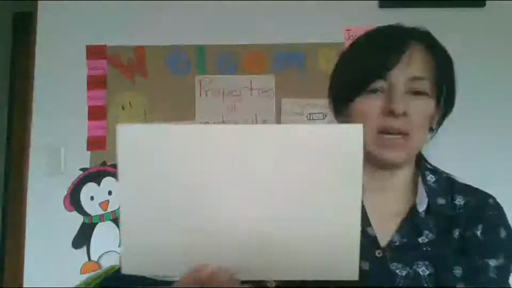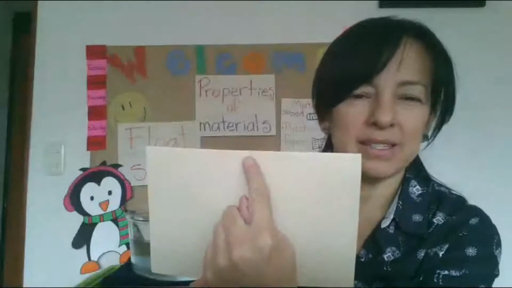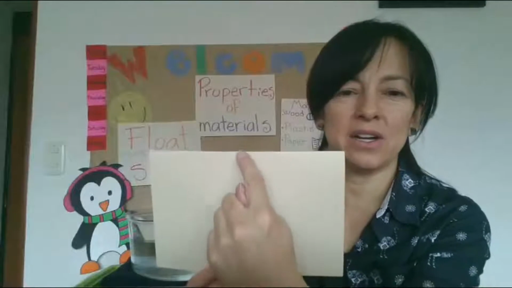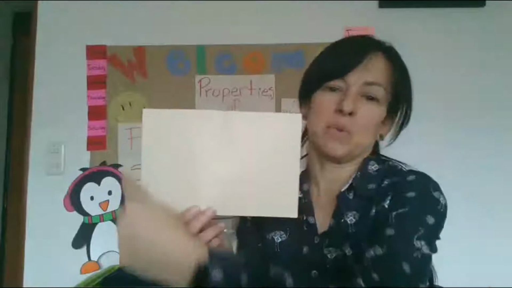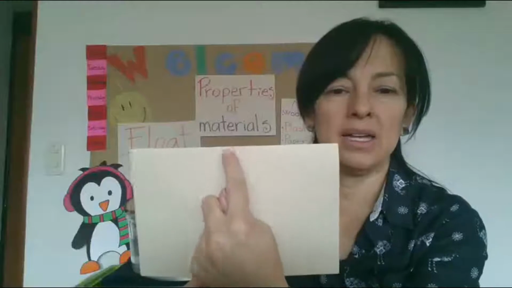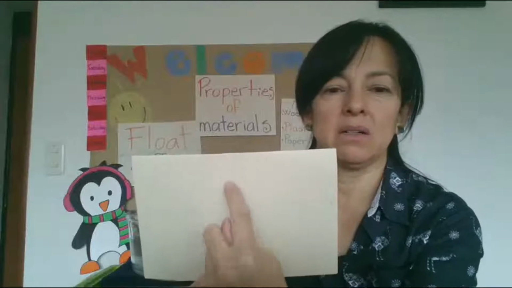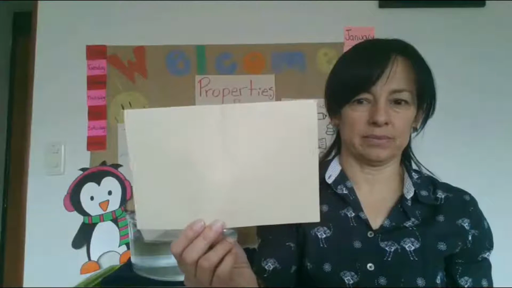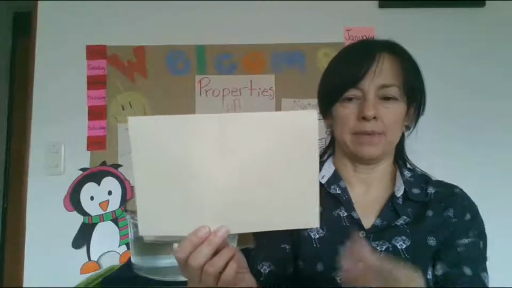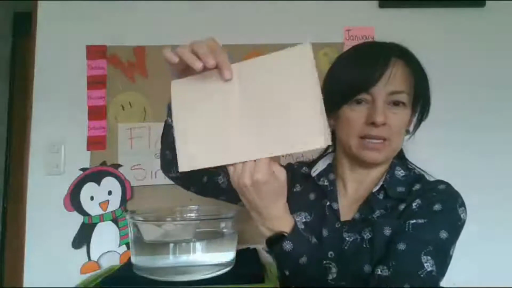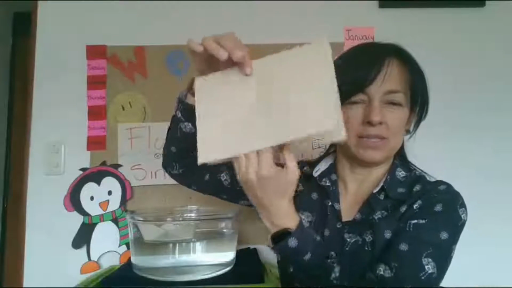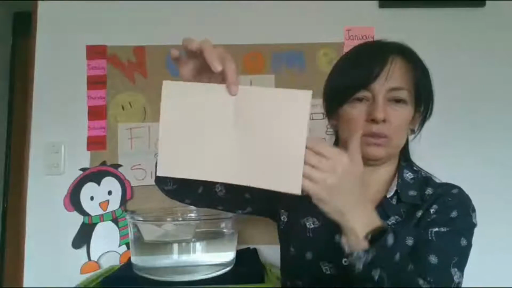So I have my piece of paper with the line here in the middle of the rectangle. This is a rectangle, and now I know where is the middle of the rectangle. Okay? Remember, the open part is at the bottom, is down.